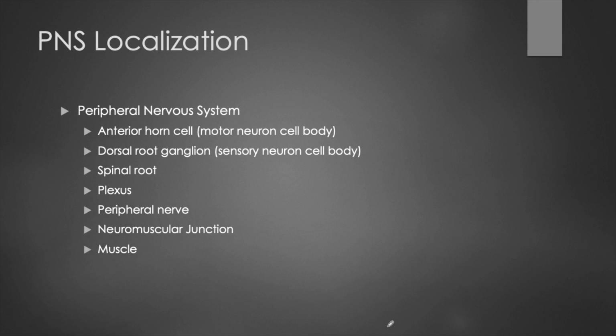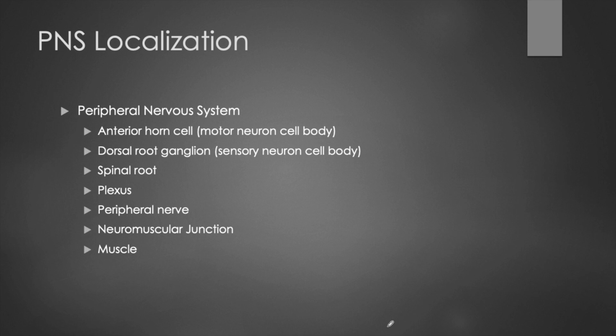Going down the list, starting from actually within the spinal cord, we have the problems involving the anterior horn cells localized on the ventral portion of the spinal cord. You can also have problems in the dorsal ganglion, which is where the cell bodies for sensory neurons are located in the peripheral nervous system.